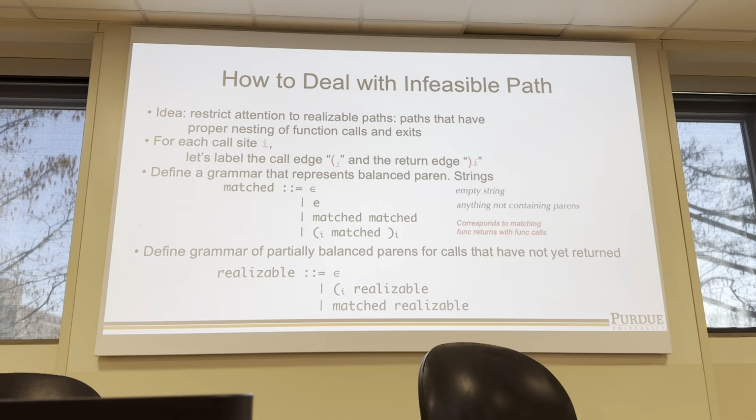But the nice thing about this context-free language formulation of feasible and infeasible paths is that dynamically, while you're following certain edges, you can decide whether you need to follow this path or the other path. Then you can do this on-demand analysis by having some changes over the original grammar.